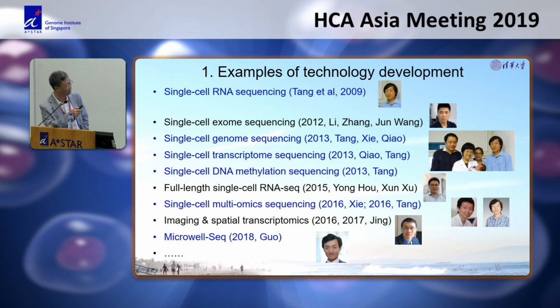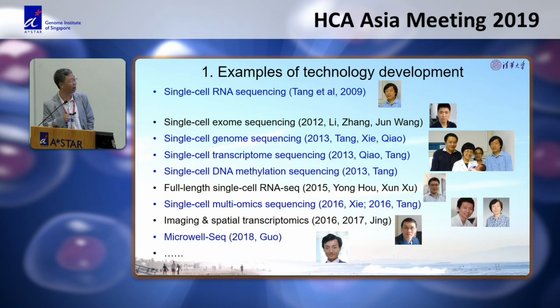Inside China, from 2012, scientists at BGI developed single-cell exome sequencing technology, and scientists in Peking University and hospitals, Fuchou Tang, Sunney Xie, and Jie Qiao have done a lot on various types of single-cell sequencing technology, including RNA-seq, methylation, and other sequencing at the single-cell level.